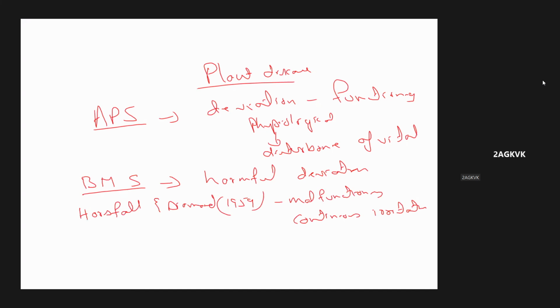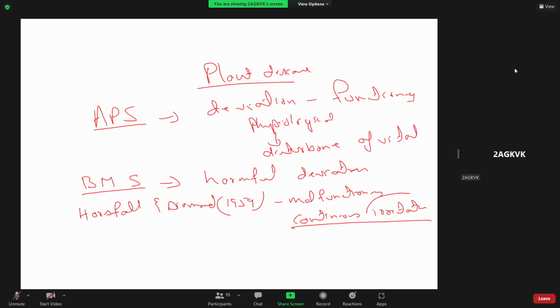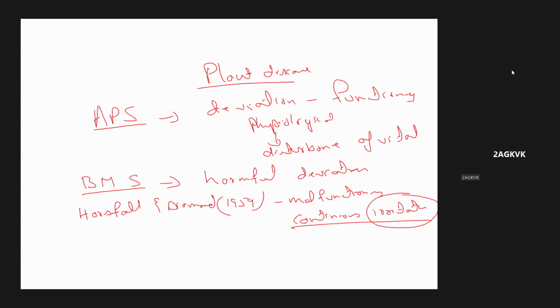Here I was using the words continuous irritation. Why? Because plant diseases basically cause continuous irritation. What is the difference between insect damage and disease damage? Insects will come and eat or suck the sap and then go away.